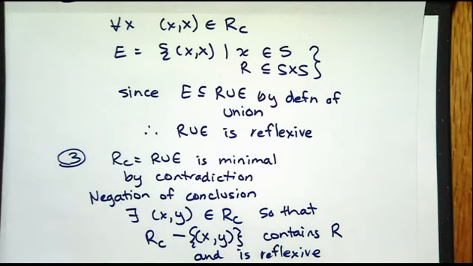Well, RC is equal to R union E, right? So if I have a point in there, it either has to come from R or it has to come from E. So we have two cases to prove, because we have to prove it for all possible points xy.